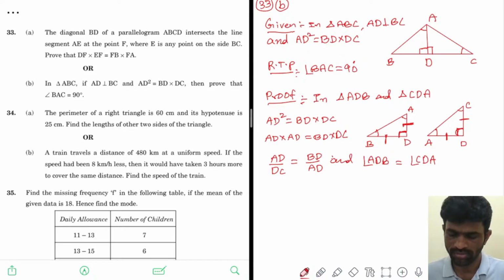In these two, AD by CD is equal to BD by AD we got, and also angle ADB is equal to angle CDA we got. So we can say triangle ADB is similar to triangle CDA by SAS similarity.